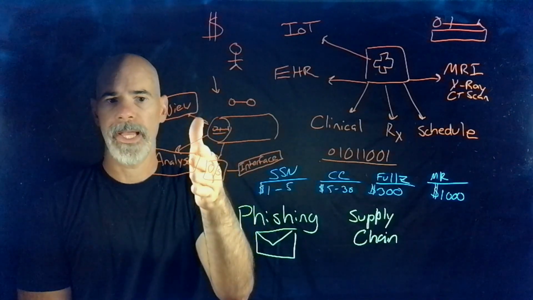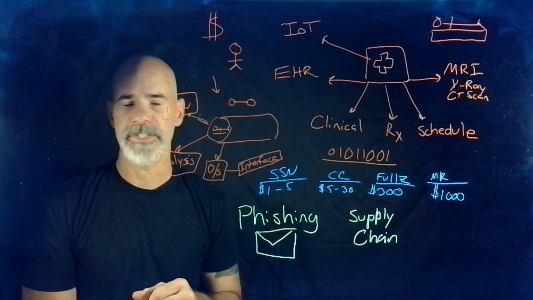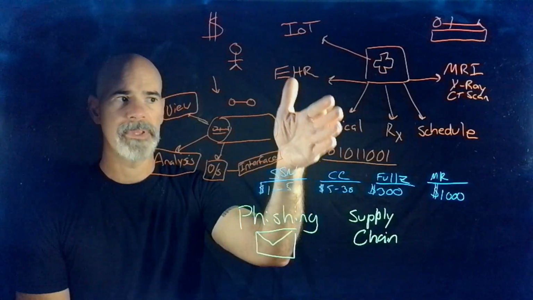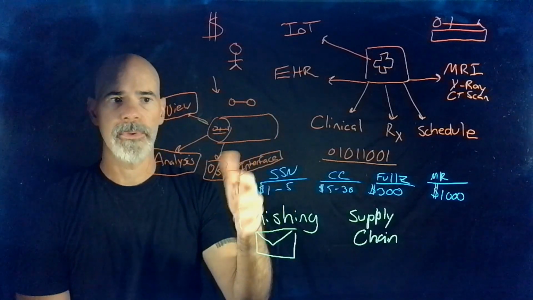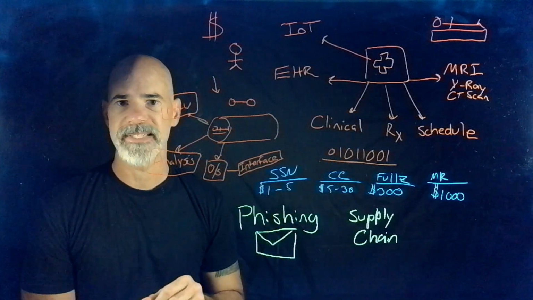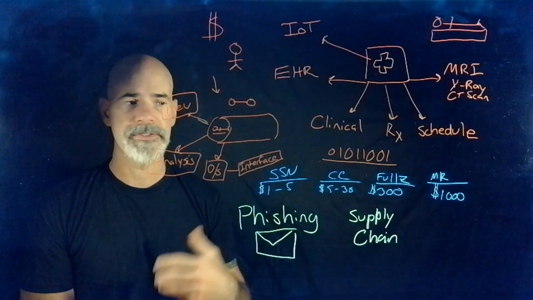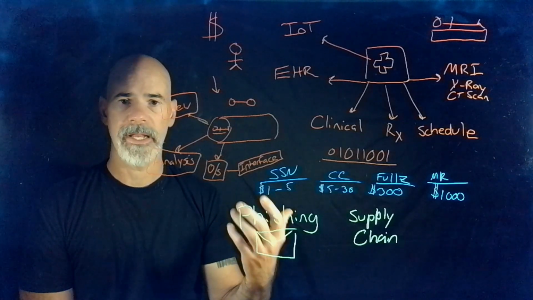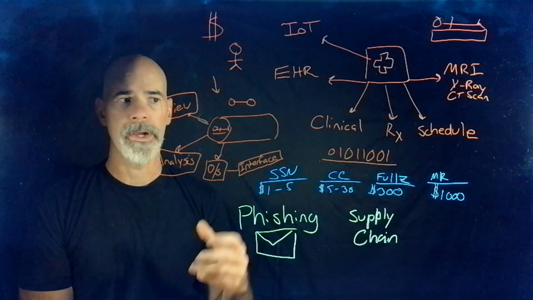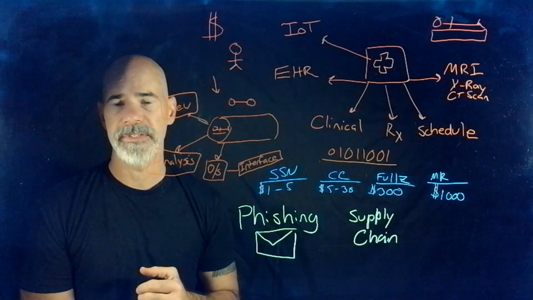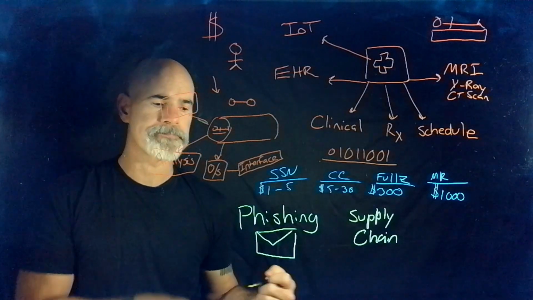These view and analysis applications are likely tied into the electronic medical record system, maybe the clinical system, and so forth. So there's a lot of different ways that these systems are all pieced together, but each one of these is created by different vendors, and that creates an opportunity, a very large attack surface for these hospitals, where the compromise of one of these components can lead to a broader compromise within the healthcare system.